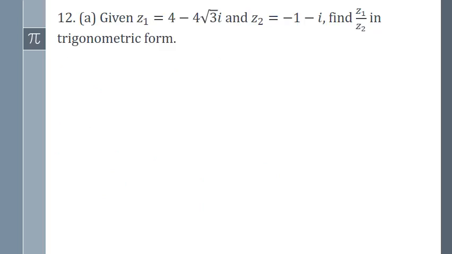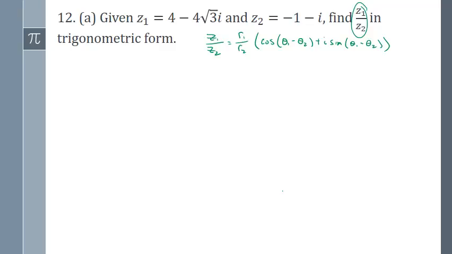All right, for 12, we're given two complex numbers, and we're asked to find the quotient in trig form. So the quotient, z1 over z2, is equal to r1 over r2 times cosine of theta 1 minus theta 2 plus I sine theta 1 minus theta 2.